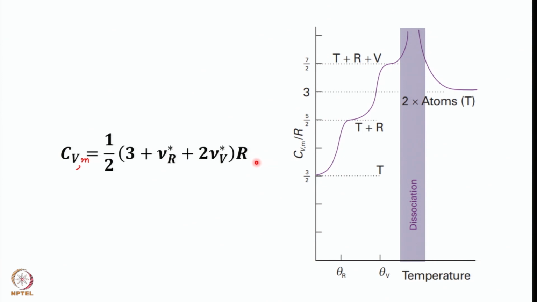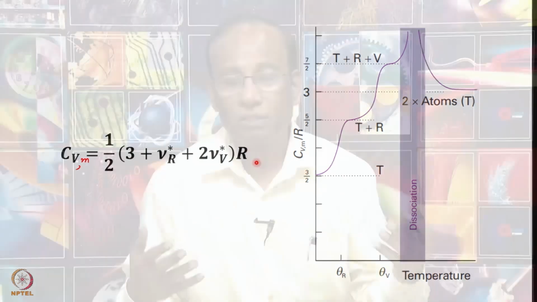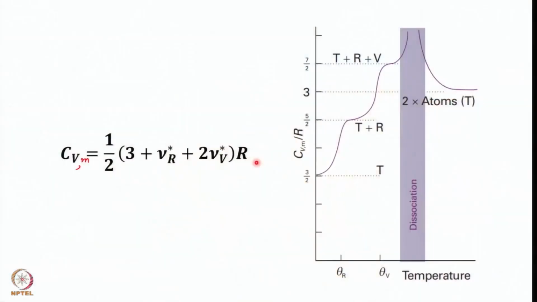And if the temperature difference is very large, for example, if the vibrational mode is not active, that means the experimental temperature is much lower than the characteristic vibrational temperature, then you can even put nu_V star equal to 0.